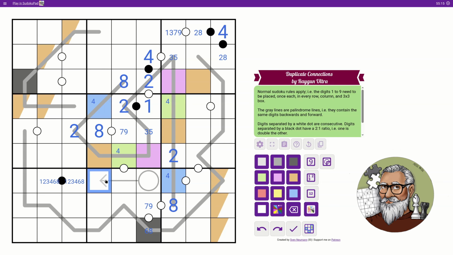Can I continue here? One of these is orange. That's not really helping, is it? That's not really helping.